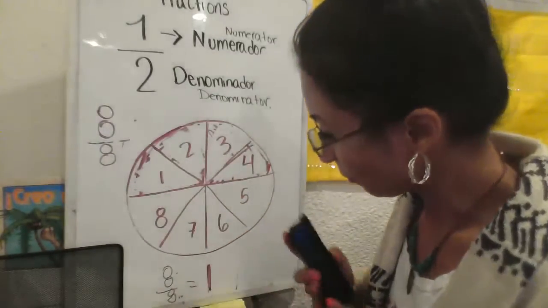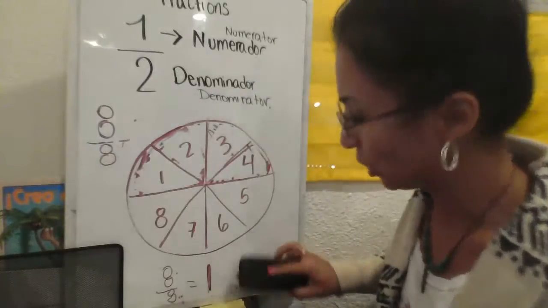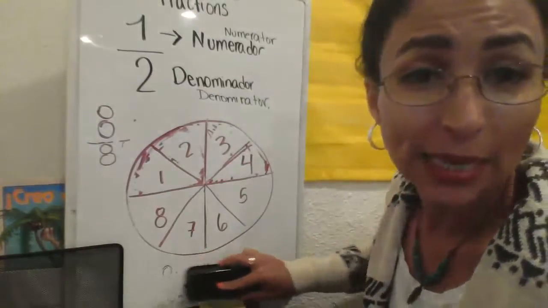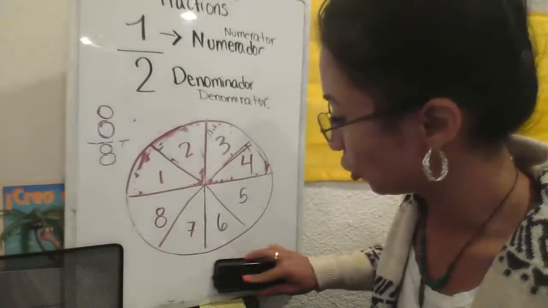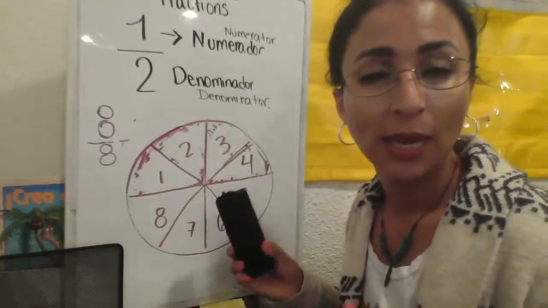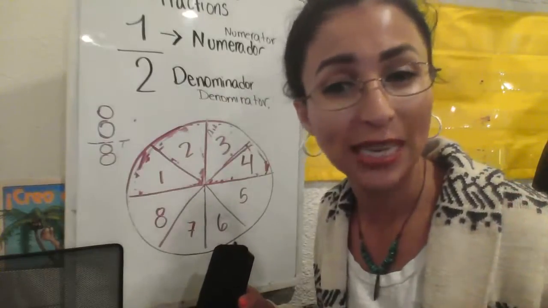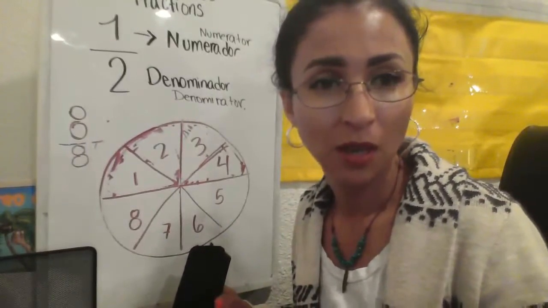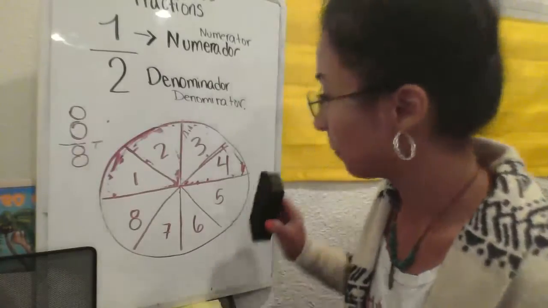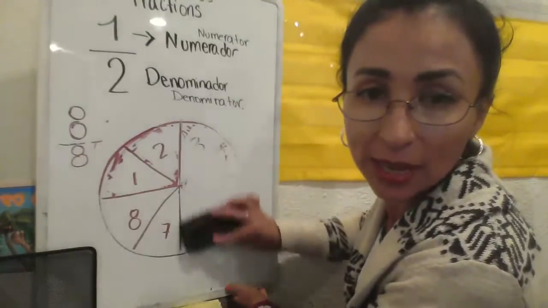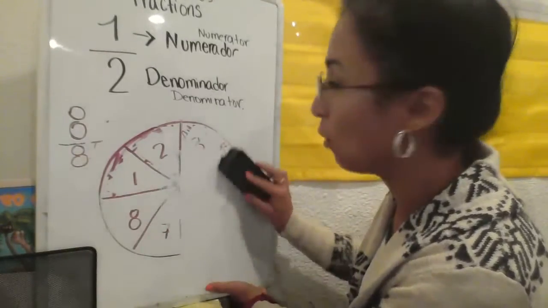Okay? I hope this was helpful to you guys. Decidí hacer el video porque a veces yo entiendo que las fracciones pueden ser un poquito confusas. They can be hard at times. They can be difficult. But I hope that this sample with the pizza was helpful to you.